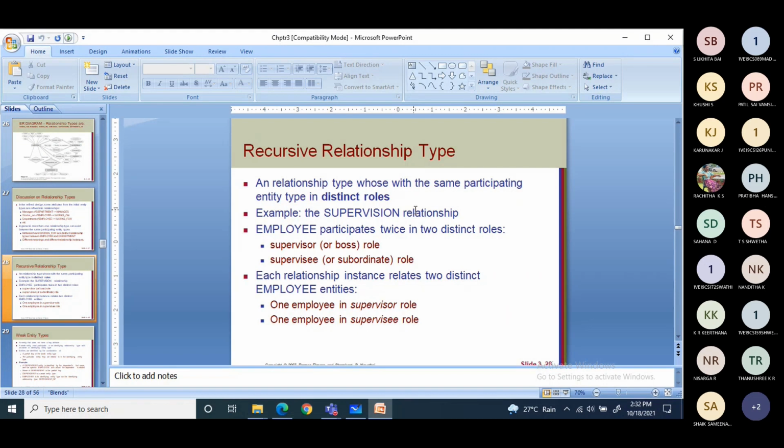Each relationship type instance relates two distinct employee entities. There is one employee in supervisor role and one employee in supervisee role. Maybe 1:1, maybe one employee in supervisor role and n employees in supervisee role.